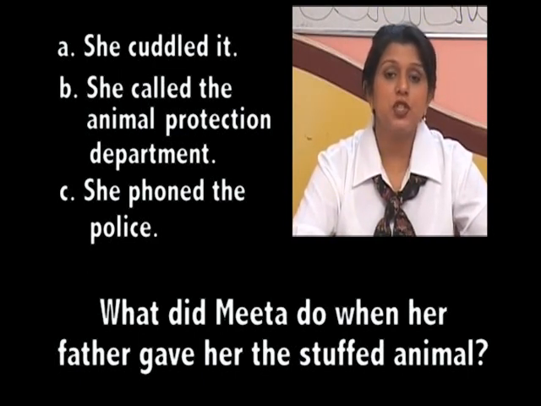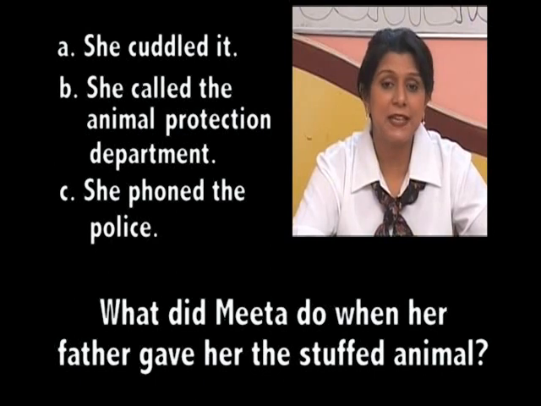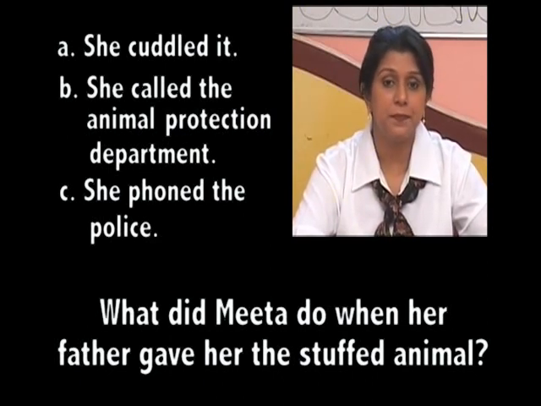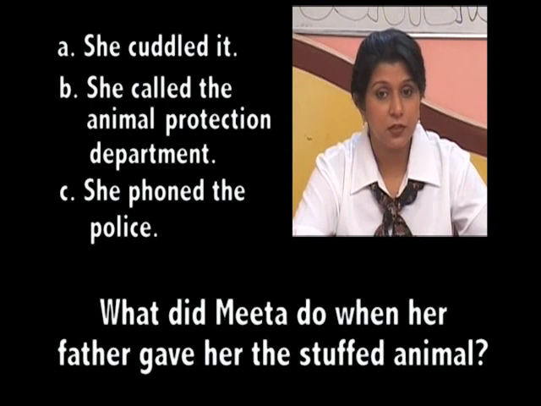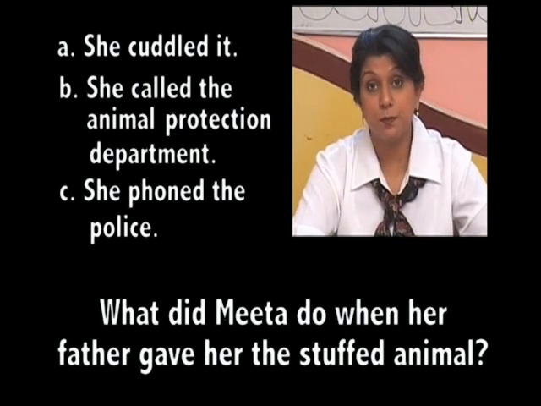And C. She phoned the police. Try and understand the statement clearly before you choose your options. What did Meeta do when her father gave her the stuffed animal? Did she cuddle it? Or did she call the Animal Protection Department? Or C, she phoned the police?